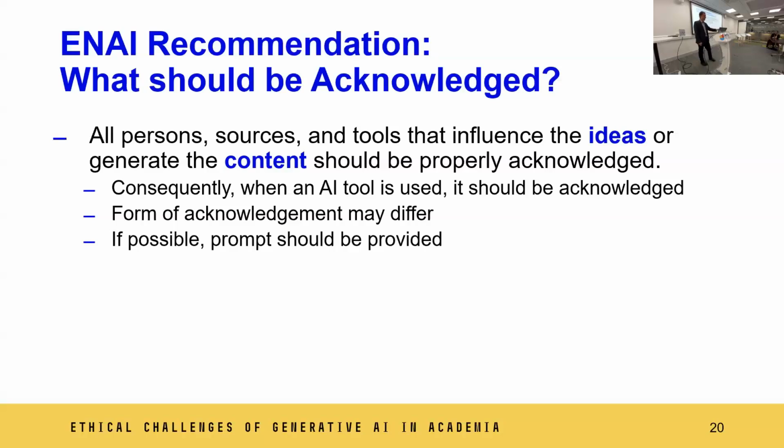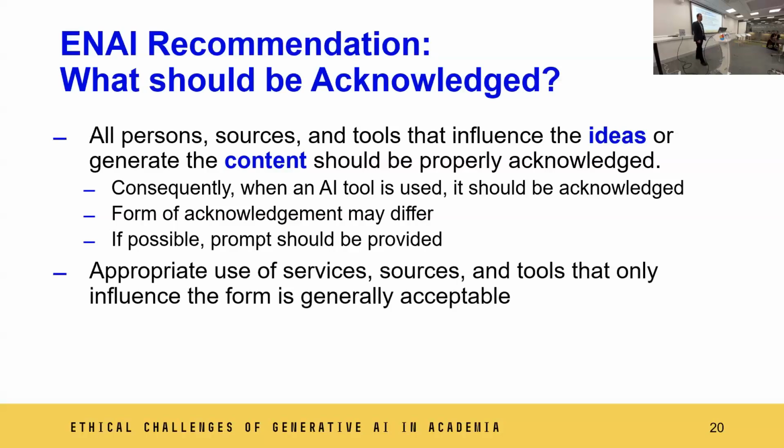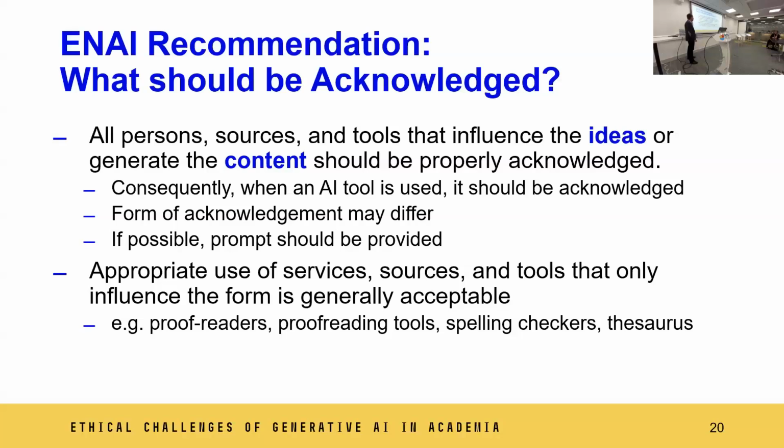The form may differ, depending on the task and the context. But if the tools only influence the form, it is generally acceptable. So proofreading tools, spell checkers, and so on. Of course, in specific language learning tasks, even these tools may not be appropriate, but in general, this is fine.